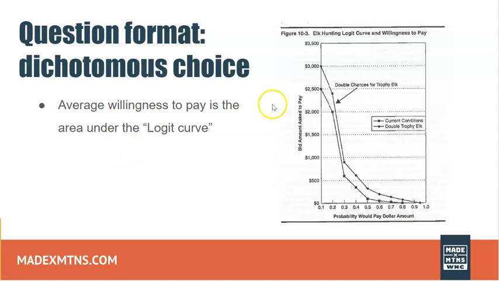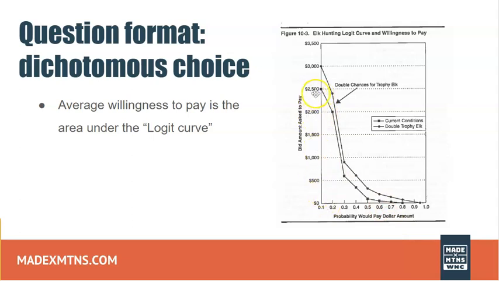And so over here on the right, we've got an elk hunting logit curve and willingness to pay. So each of these squares in this line to the left are the dollar amounts that have been asked in a question. Okay, and these are called bid amounts in the literature. And on the horizontal axis, we've got the probability that the survey respondent would pay the dollar amount.